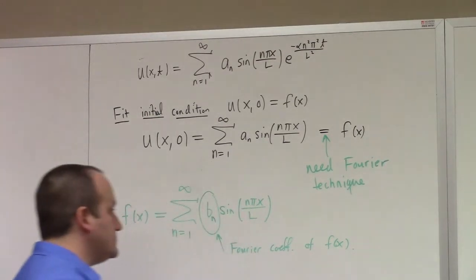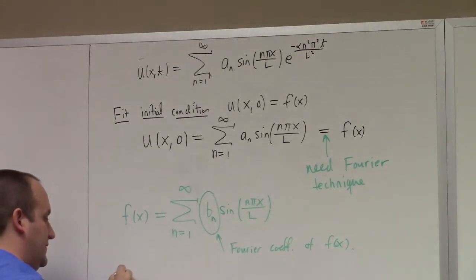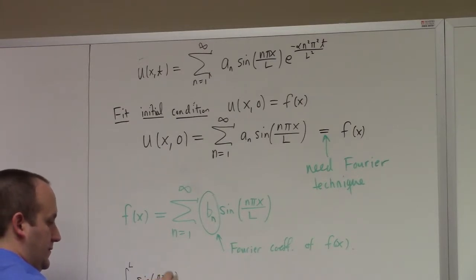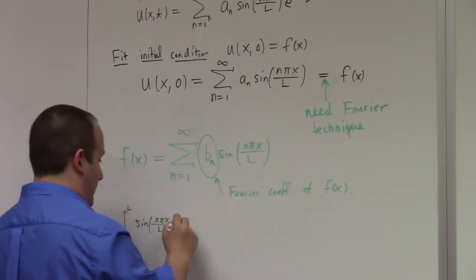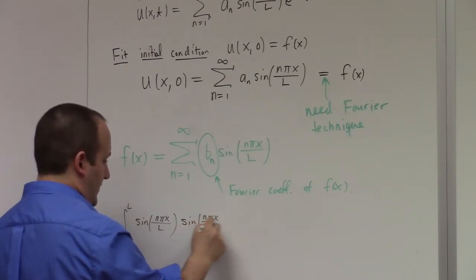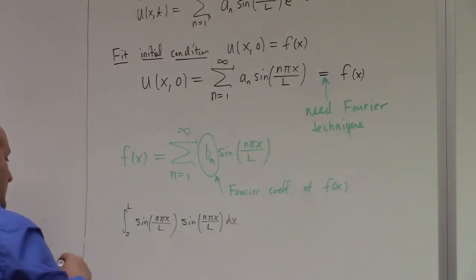So the critical thing here is something like this. If I was to integrate from 0 to L sine of n pi x over L times sine of n pi x over L, well, this would be easy.